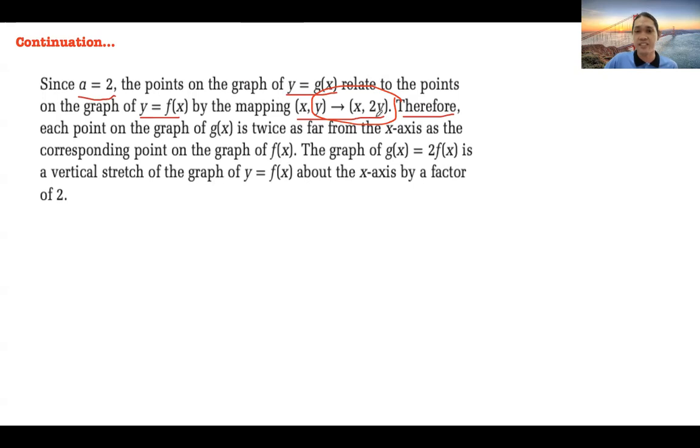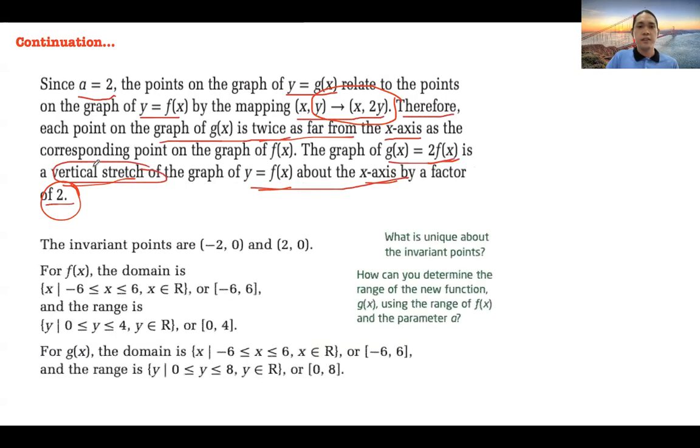Therefore, each point on the graph of g of x is twice as far from the x-axis as the corresponding point, because we multiply 2 to your y coordinates. The graph of g of x is equal to 2f of x is a vertical stretch of the graph of y is equal to f of x about the x-axis by a factor of 2. It's pretty obvious, of course.